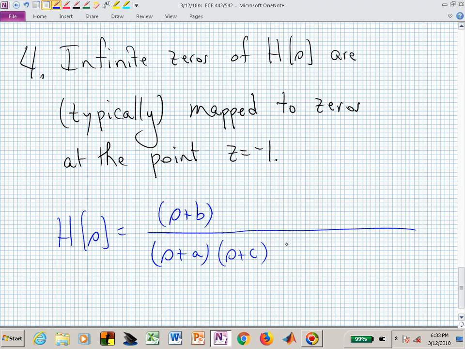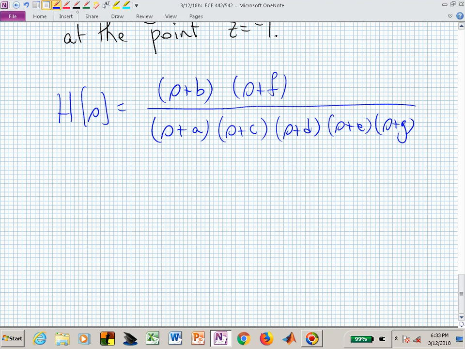So let's put up this a little bit. What's the number of finite zeros now in this transfer function? I have 2.